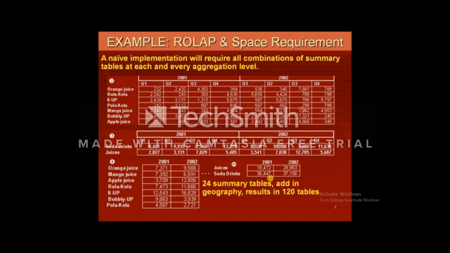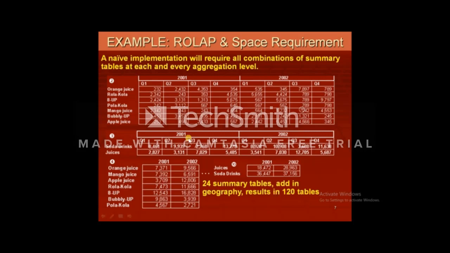So it is also saying that 24 summary tables using the time dimension and the product dimension, and if we add the geography dimension to our data warehouse, the summary tables that we will get is 120, because we have 5 hierarchies inside our geography table.